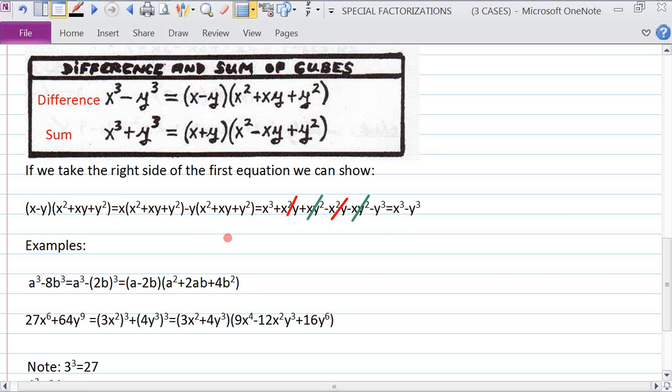And the final term, minus y times plus y squared, gives me minus y cubed. So the two reds sum to 0, and the two greens sum to 0. So all I'm left with is x cubed minus y cubed, which is this expression here. So I've shown how this simplifies to this.